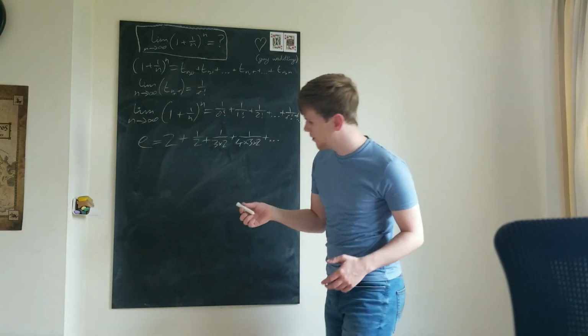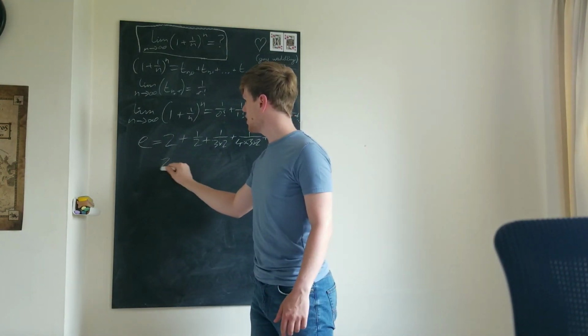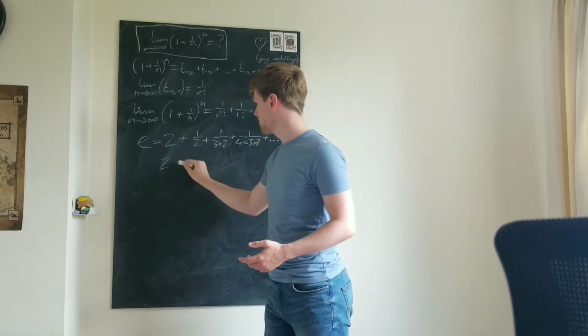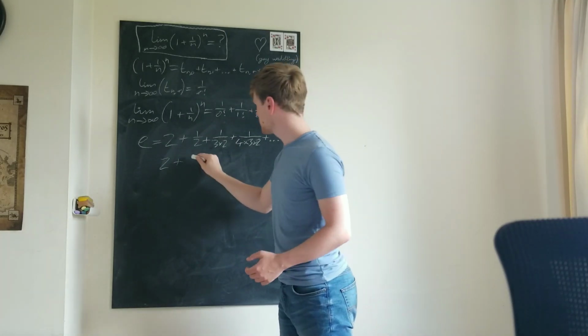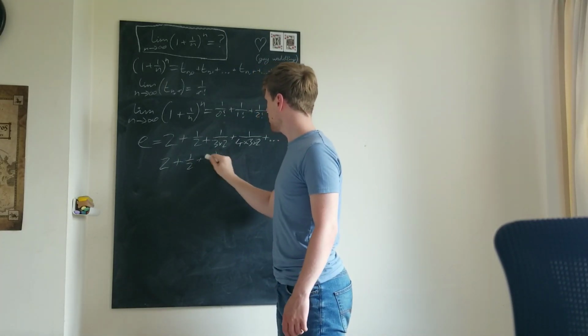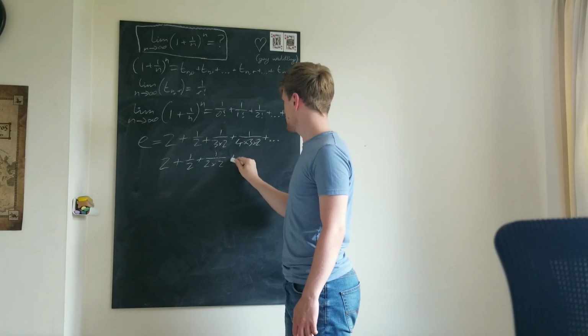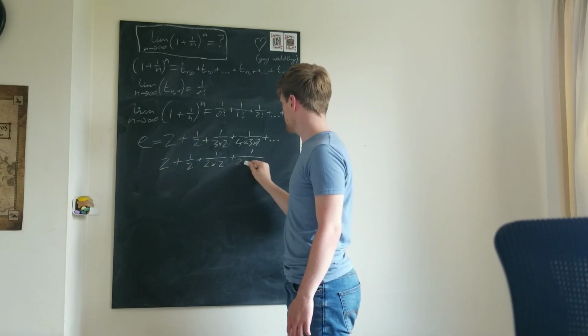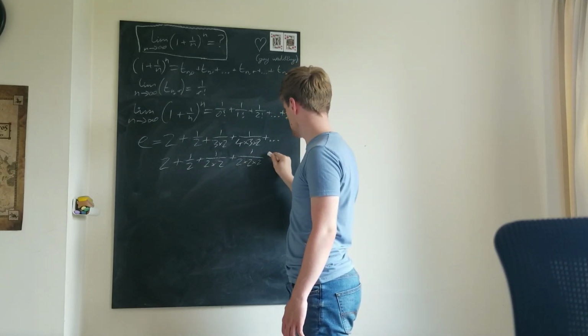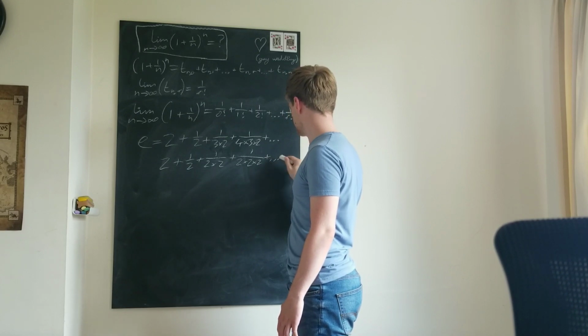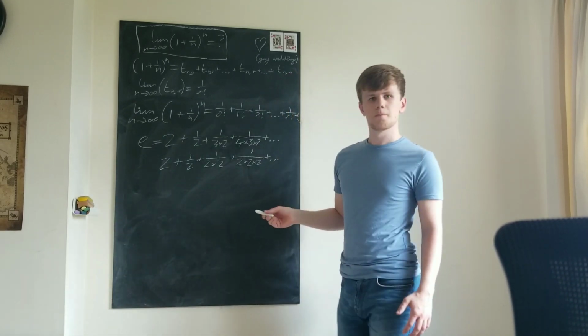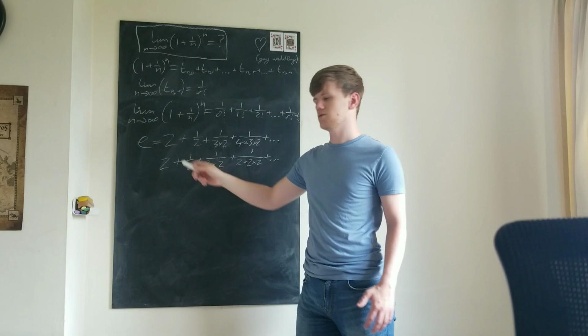But we're going to do that now, because if we consider a different infinite sum, 2 plus a half plus 1 over 2 times 2 plus 1 over 2 times 2 times 2, and so on, then a half is equal to a half and 2 is equal to 2.